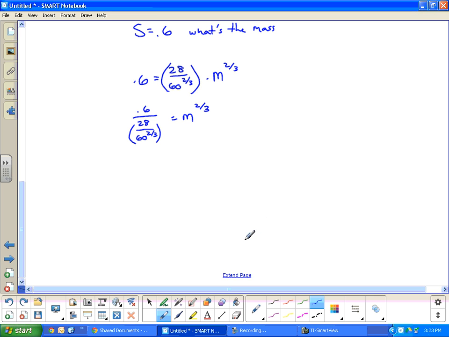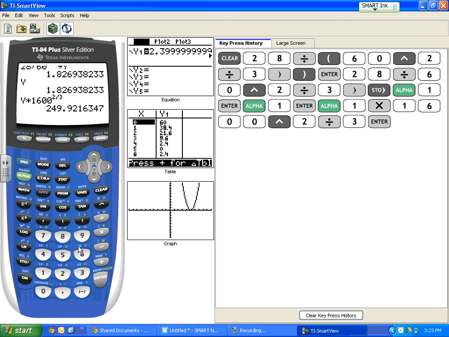And the last thing I have to do is think about how do I get the 2/3 power off this m? Well, the easy way to do that is to raise it to the 3/2. If I raise both sides to the 3/2, then the 2/3 will cancel. 2/3 times 3/2 is 1, and I get m by itself. So I'm going to come over here to the calculator and say it'll be 0.6 divided by, well, let's start out by putting in parentheses.